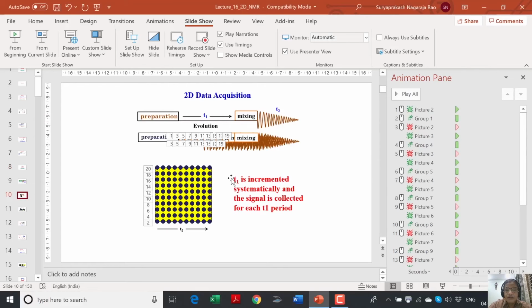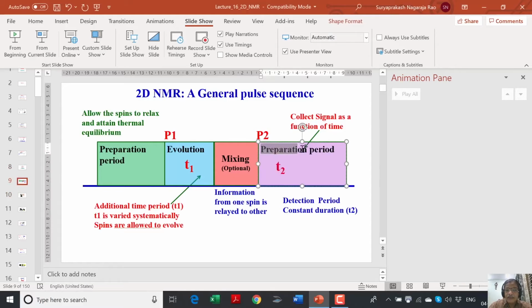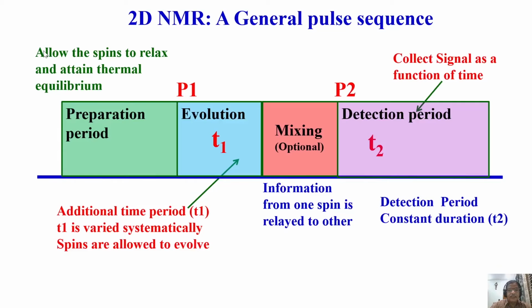This is a mistake, it is a detection period. Okay. So this is the detection period. These are the 4 periods that any two-dimensional pulse sequence will have.